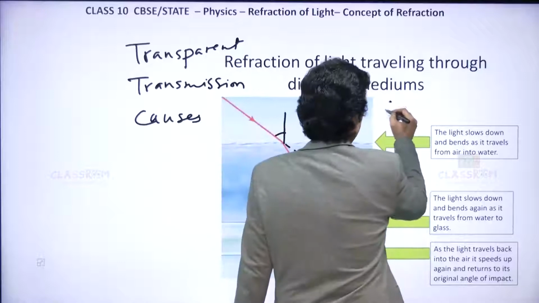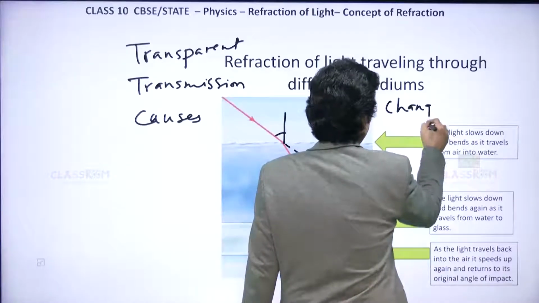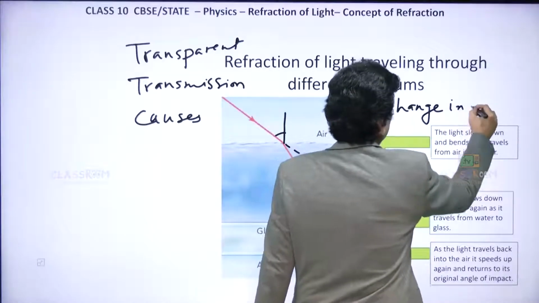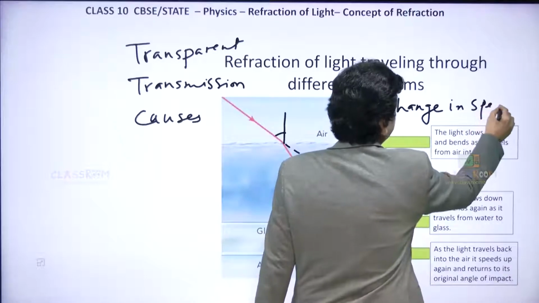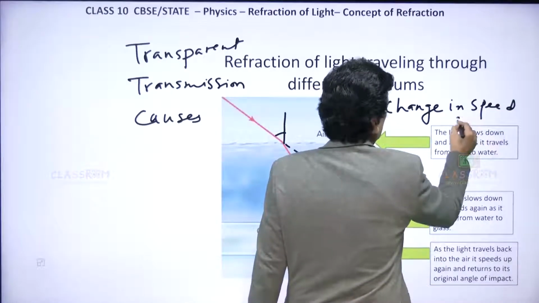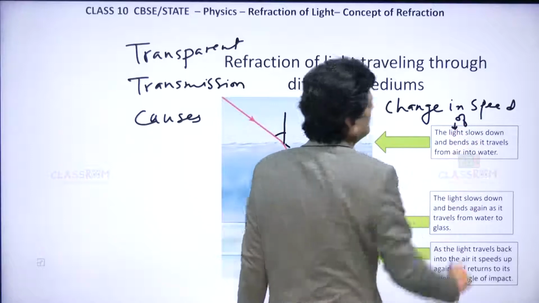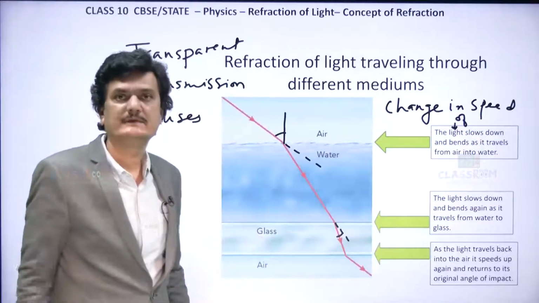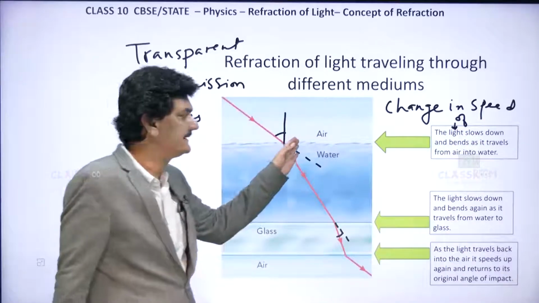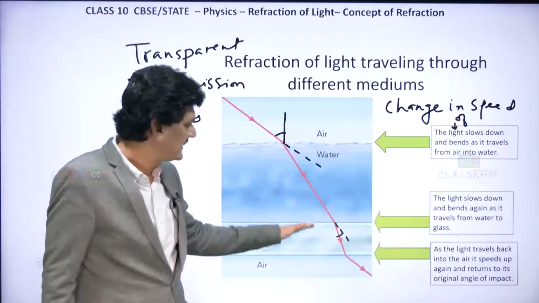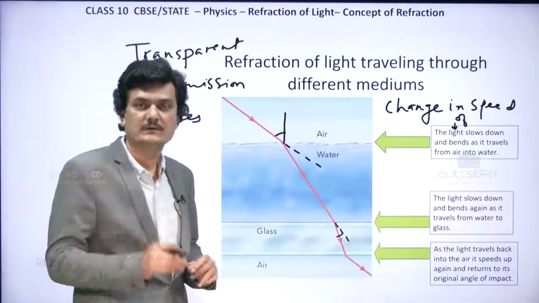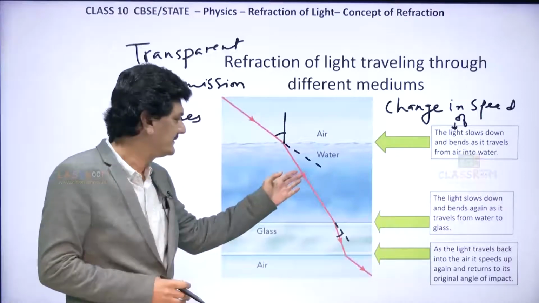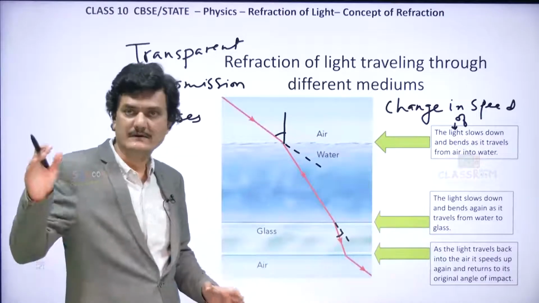The change in the speed or velocity of light causes the bending. The change takes place only at the interface, and at other times the velocity remains constant as long as it is travelling in the water.